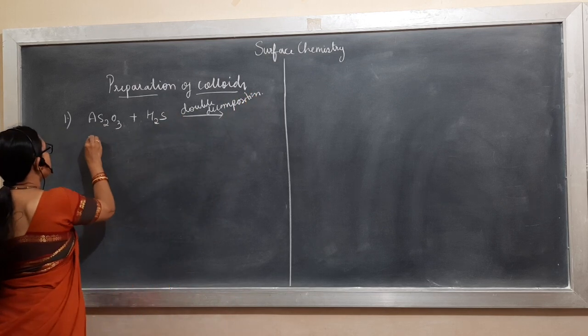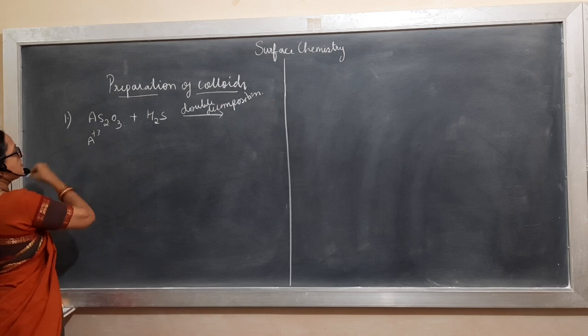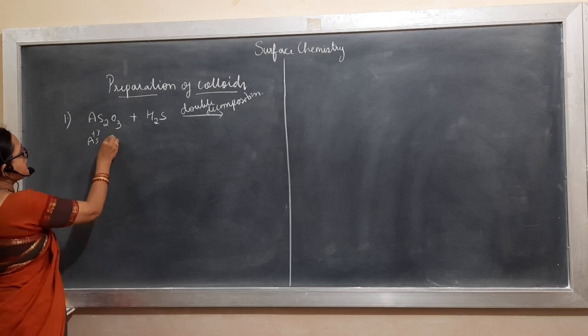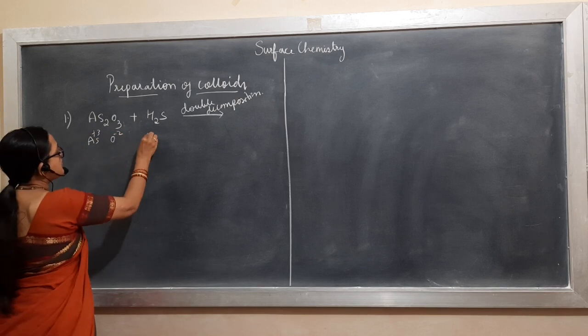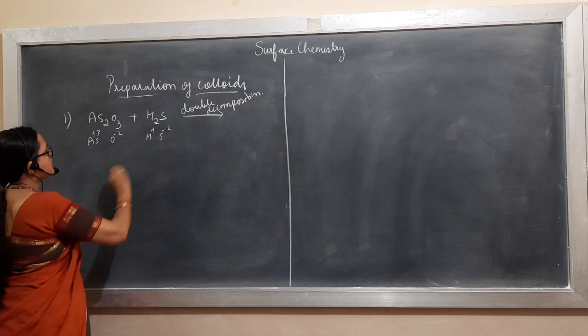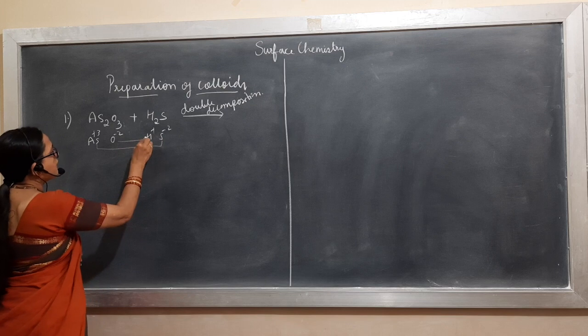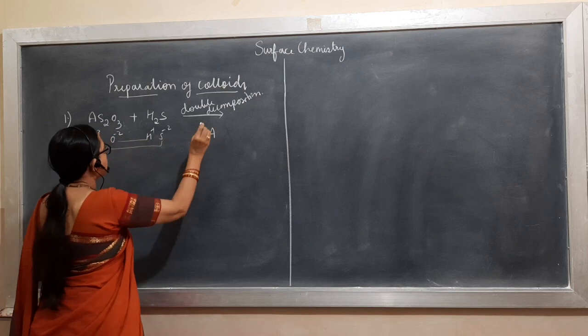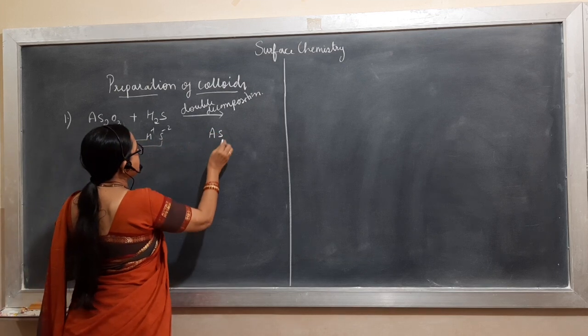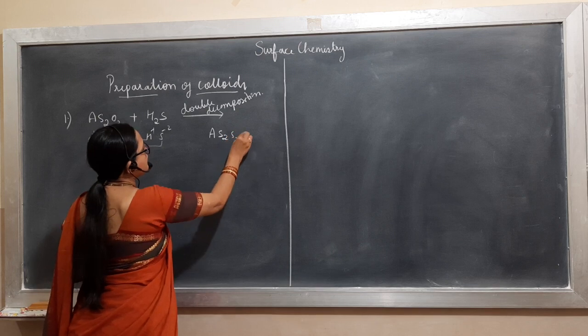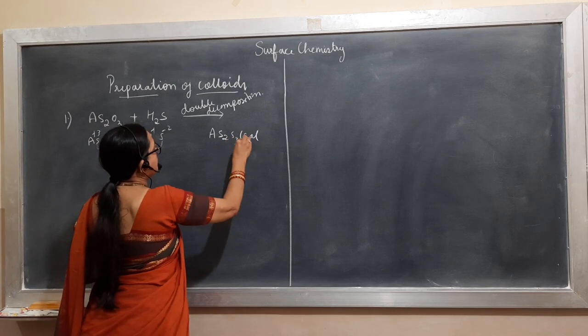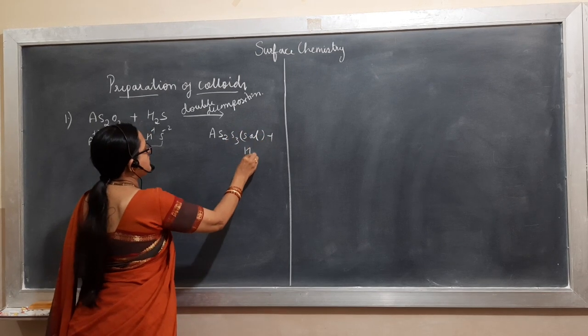What happens here? Arsenic splits into As plus 3, oxygen into minus 2, here H plus and sulfur as minus 2. Later these plus and minus combine and form a sol of arsenic sulfide. As2S3 sol is formed and water is given out.